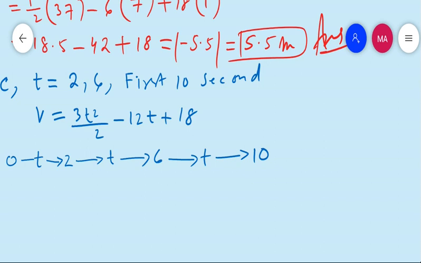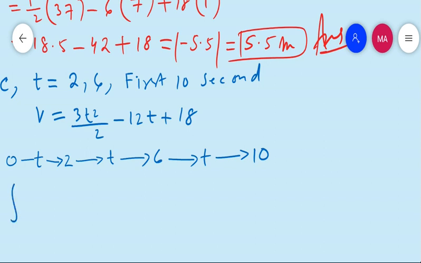So we have to find the total distance by integrating the velocity from 0 to 2, then 2 to 6, then 6 to 10. Because the requirement is to find the total distance in the first 10 seconds. So in the first 10 seconds there are two critical values of time which we have already found in part A.